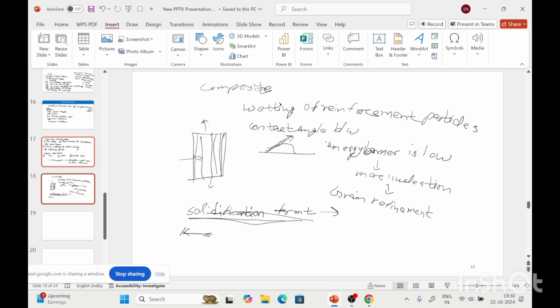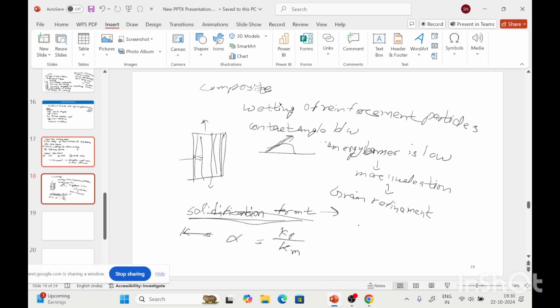Alpha is a coefficient which is the ratio of the particle thermal conductivity and the matrix thermal conductivity.